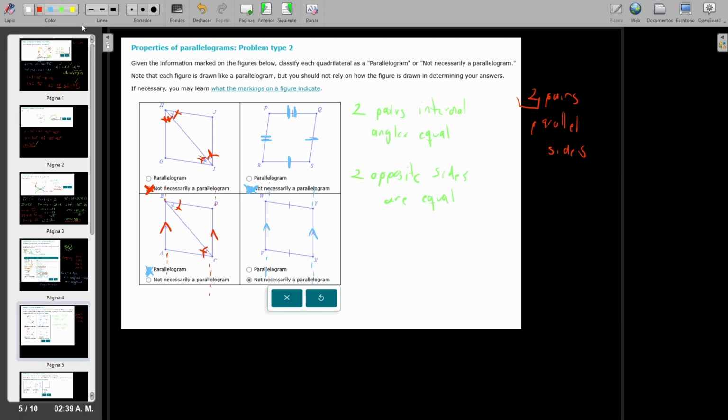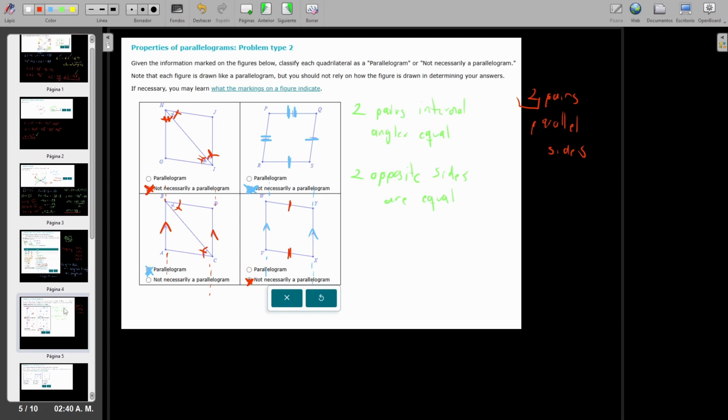This is pure logic, only theory. These other parts are not necessarily parallelograms, because they are not of the same size. Okay, that is the definition of this one.